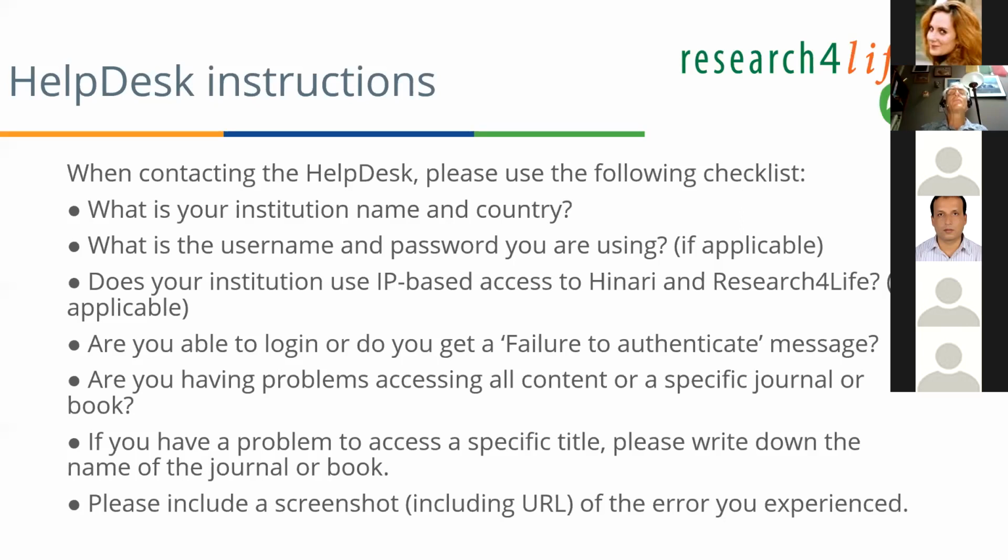Are you having problems accessing all content or a specific journal or book? If you're having a problem with a specific title, please write down the name of the journal and book. And if you can do a screenshot, including the web address, the URL, that would be very helpful. Now, this means that the Research4Life help desk will check on the problem. And it's frustrating, I know, when you don't get access, but at least this gives you some options.